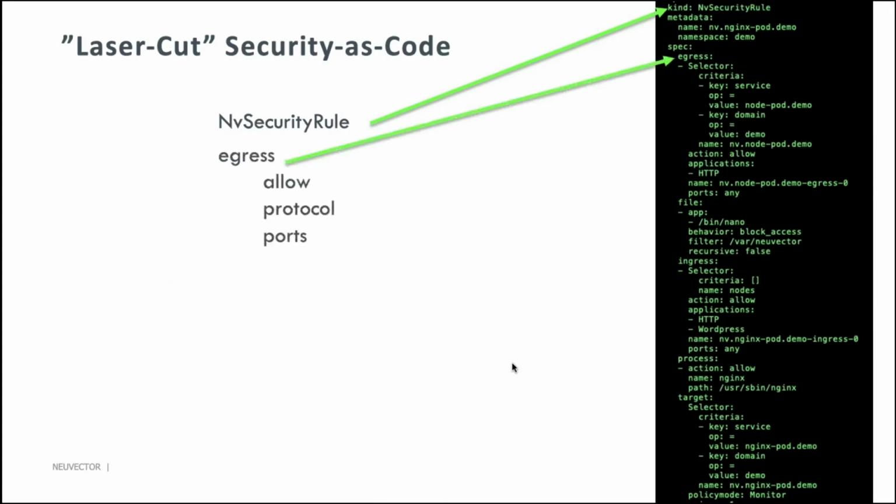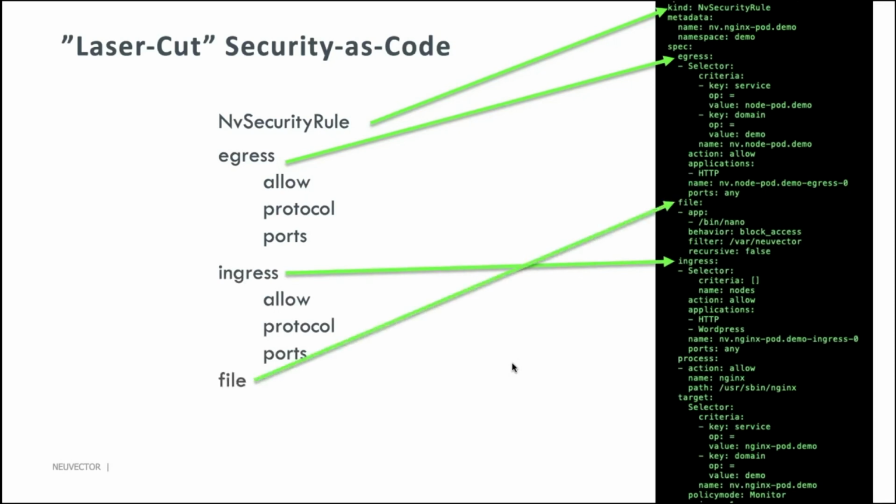This is for the NewVector security role CRD. And the egress is what we've talked about today, egress connections to allow external access. We also provide ingress controls, file activity that's allowed in the containers, processes that are allowed to run in the container. So it's really a superset of both egress control and network policy.